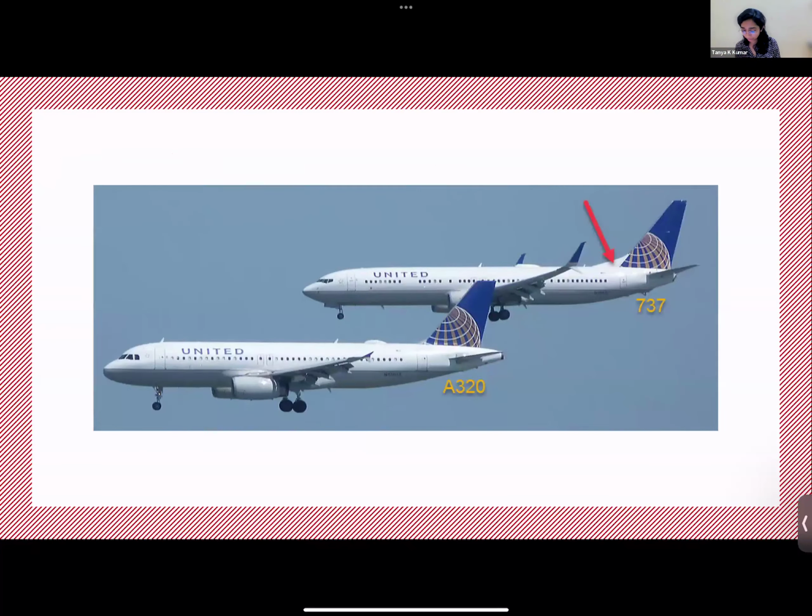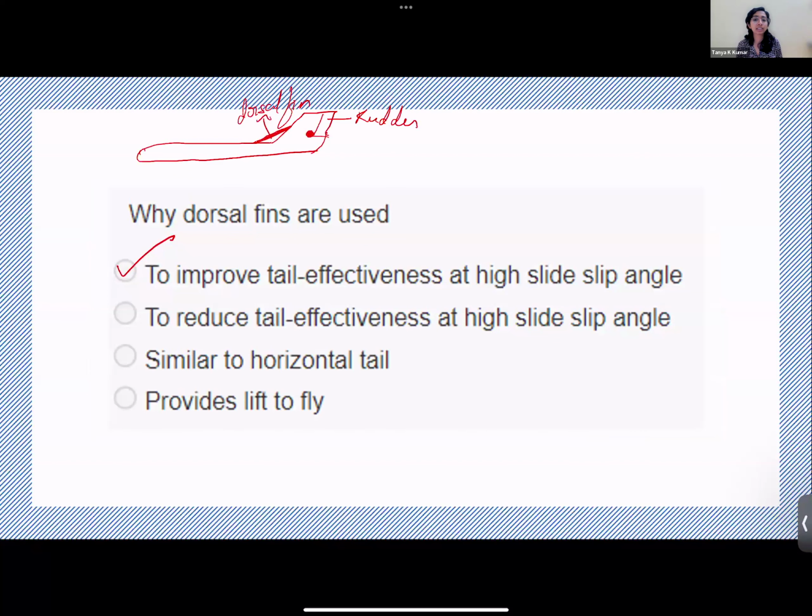All right. So the correct answer is it improves the tail effectiveness at high side slip angle conditions. And when do such side slip angle conditions, beta, occur? One is crosswind and one is when one of the engines fail, right? Okay.